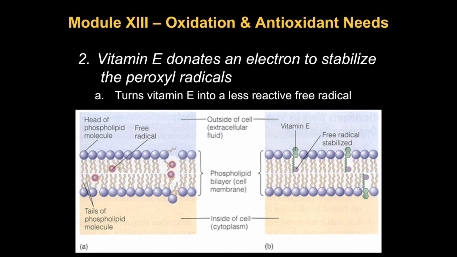The problem here now is that vitamin E is damaged. So vitamin E turns into a free radical, but the point here is that it is much less reactive as a free radical than the original free radical it attempted to attenuate.